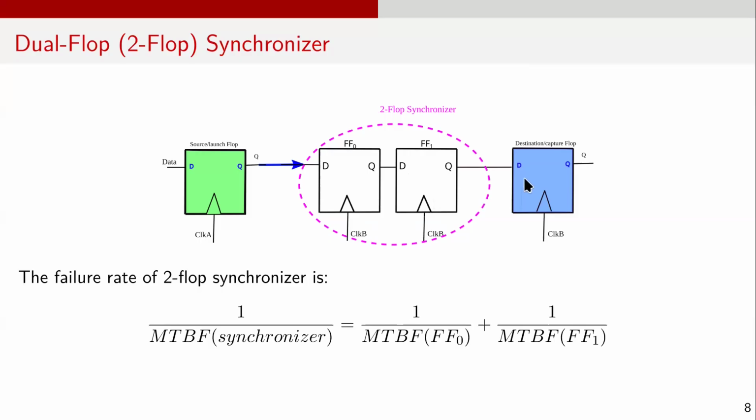The receiving logic always uses the output of the second flip-flop, which greatly reduces the chance of propagating metastability. To maximize MTBF, place the synchronizer flip-flops physically close together. This minimizes propagation delay TPD and maximizes the available resolution time.